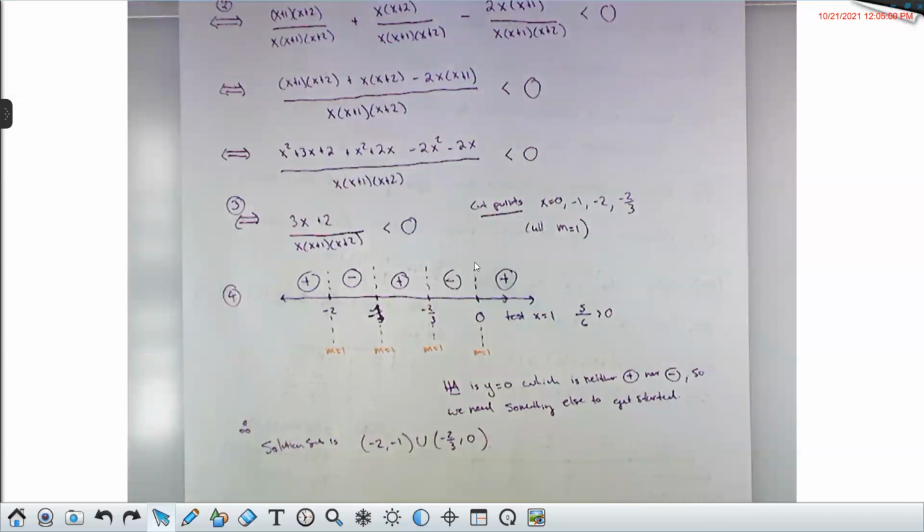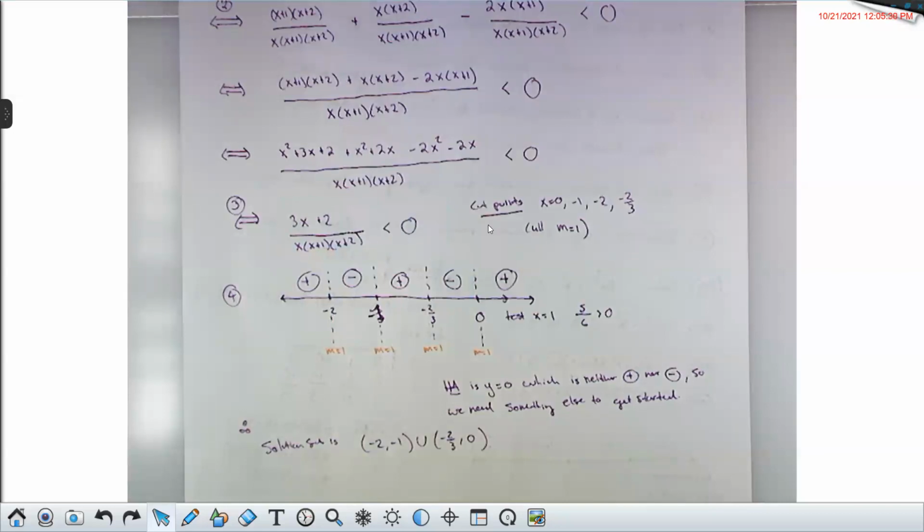So 0 to infinity is not part of my solution set because the function is positive there, and negative infinity to -2 is not part of my solution set either. The only solutions are the intervals where this function is negative, and that's here and here. Less than 0 means negative, greater than 0 means positive.